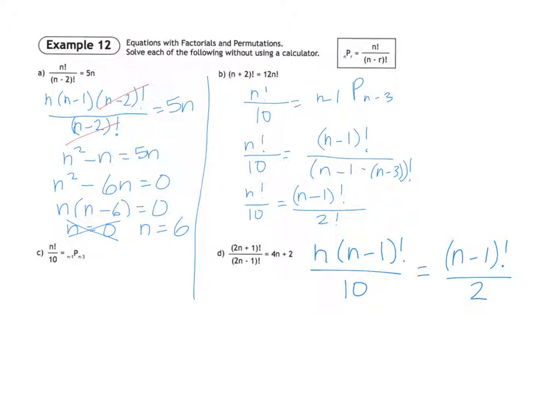Can I cancel something? The (n minus 1) factorial, right? There's one on each side. So really, technically what I would be doing is dividing both sides by (n minus 1) factorial, and they both cancel out. So we end up with n over 10 equals 1/2. So multiply by 10 and we end up with n equals 5.